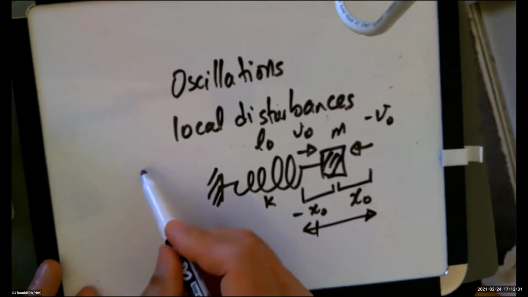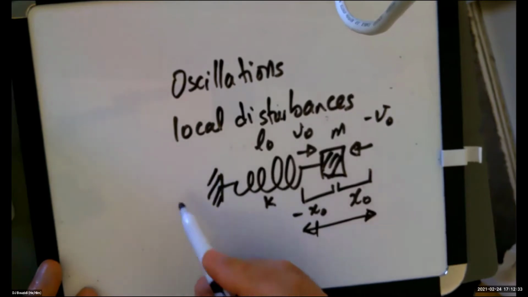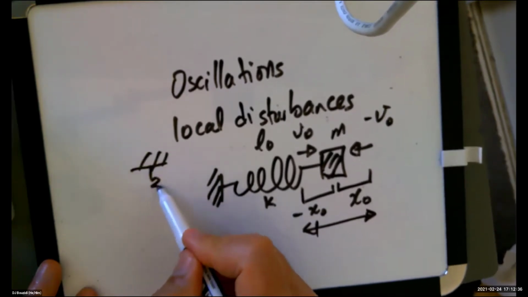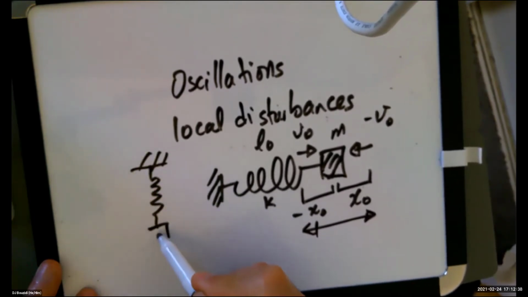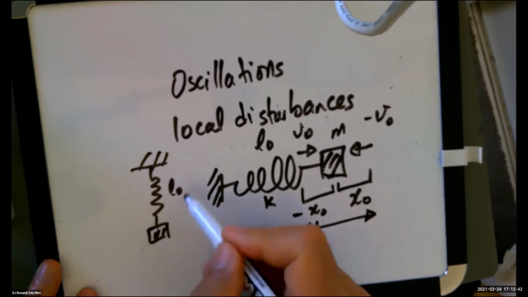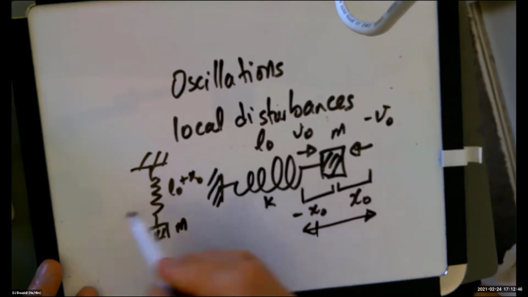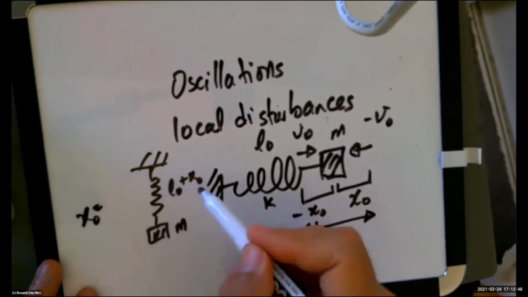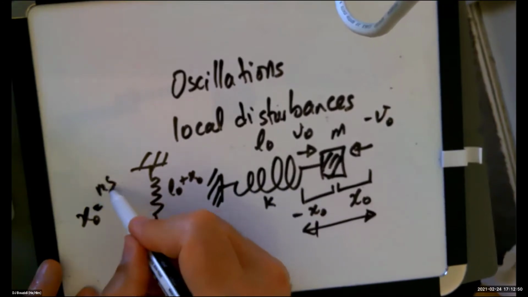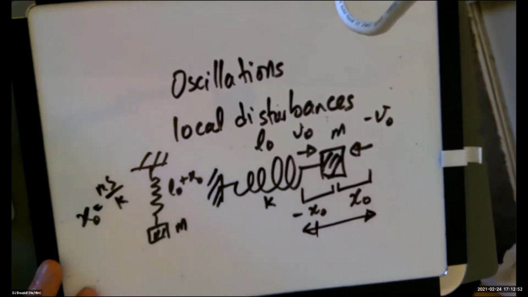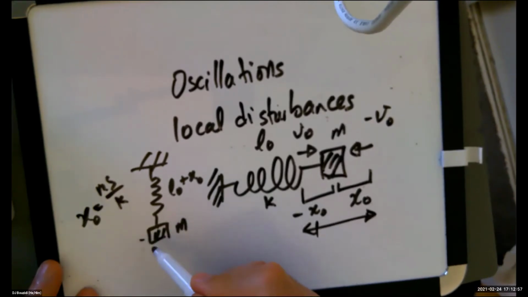And in the case of the other spring, the one that is attached to the ceiling, for example, you put a mass. Before you put the mass, the length was L naught. Now, when you add a mass to it, immediately the spring will stretch by an amount x naught that depends on this mass. As a matter of fact, x naught is equal to mg divided by k, where k is the spring constant. But after that, that's now the equilibrium position.